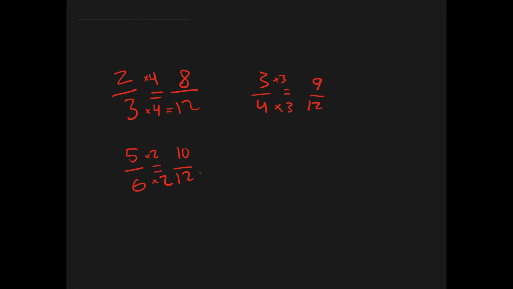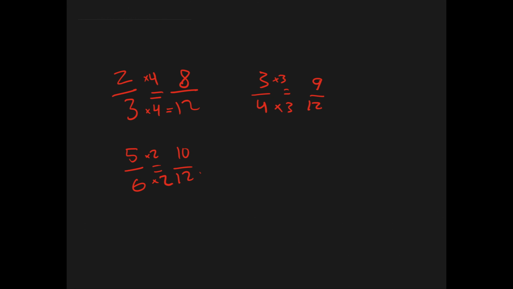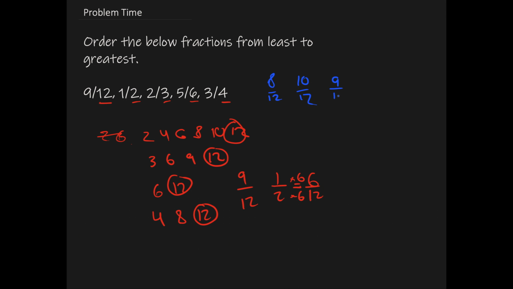We have 8 twelfths, then 10 twelfths, then 9 twelfths, then 6 twelfths, and the last was 9 twelfths. Now let's order them. Remember, we're going from least to greatest, so we're going from small to big. I don't know, that wasn't the best representation, but that's what I was thinking of in the moment.